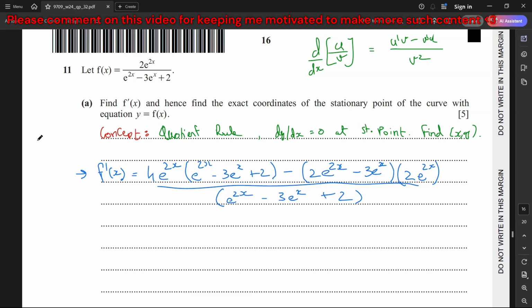Now because we are trying to find the coordinates of the stationary point, we note that dy/dx must be equal to 0. And this is implementing what? For example, over here I can take 2 e power of 2x as a common factor.